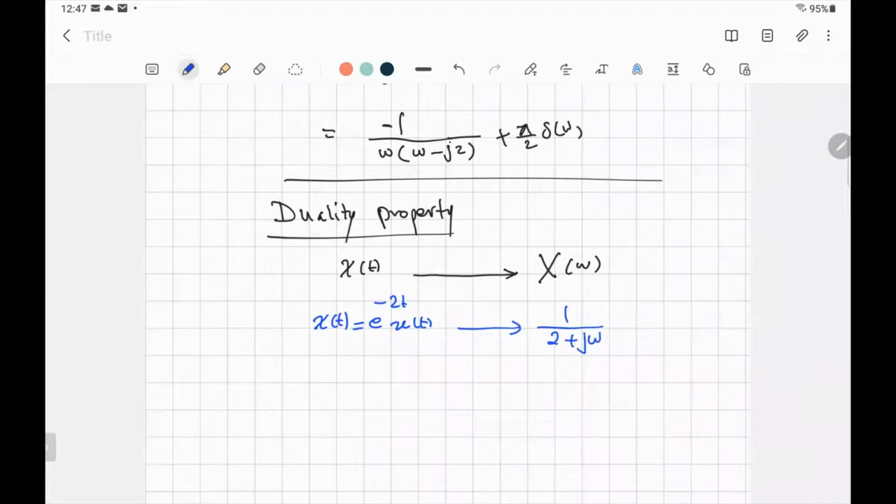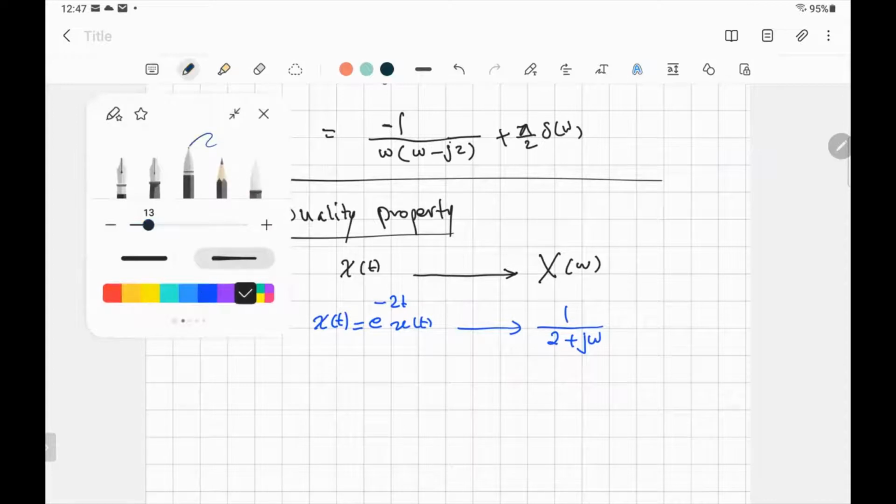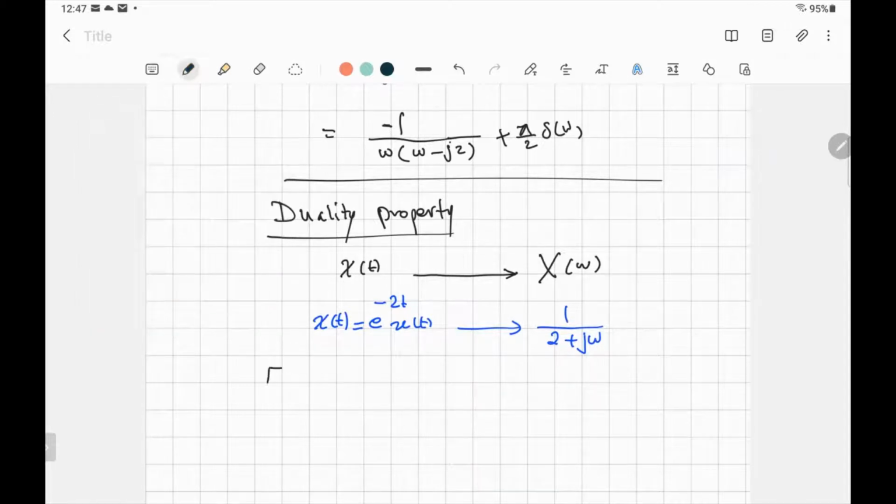Now the question will be like this, and you'll think it's really difficult, but it's not difficult at all. Find the Fourier transform of this function, 1 over 2 plus jt. Because when you find the Fourier transform, you find it for a signal that's a function of time, right?